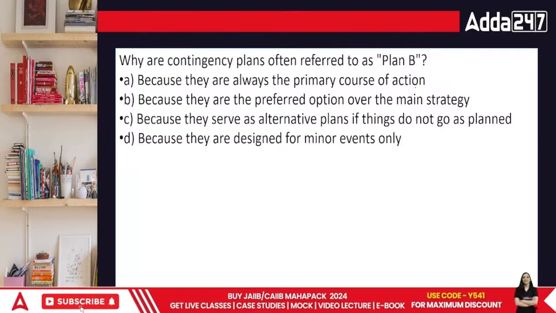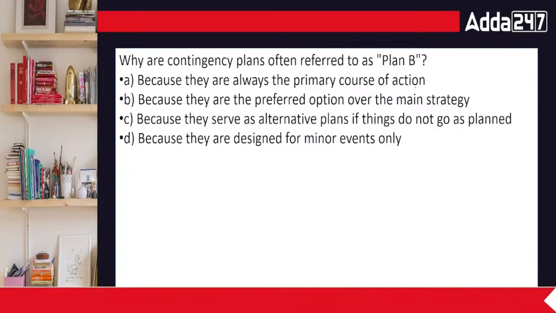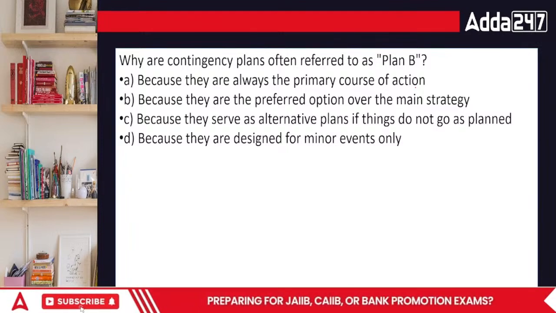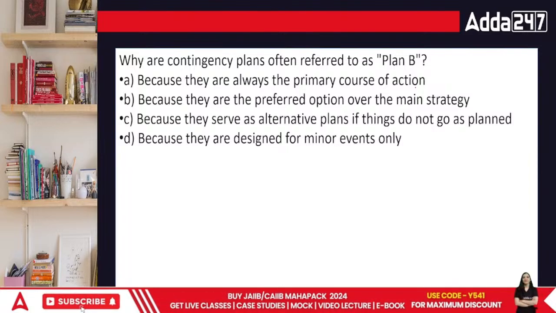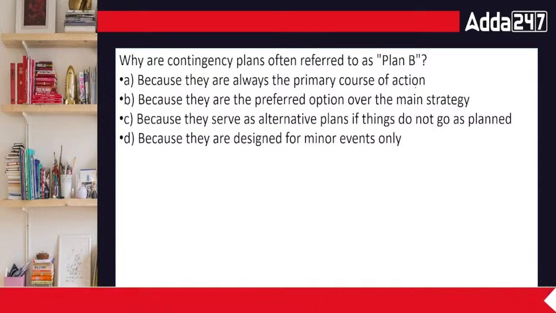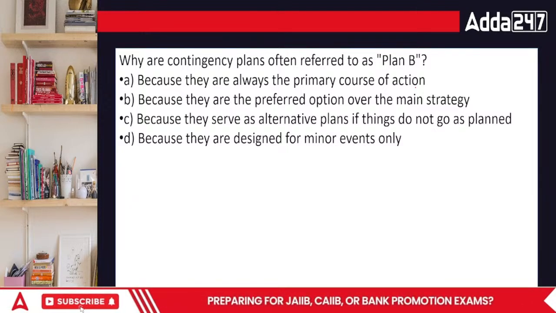No. Contingency plans are basically the ones which have a lot of uncertainty in them. They are never the preferred option. Because they serve as the alternative plans if things do not go as per the plan, and because they are designed for minor events.